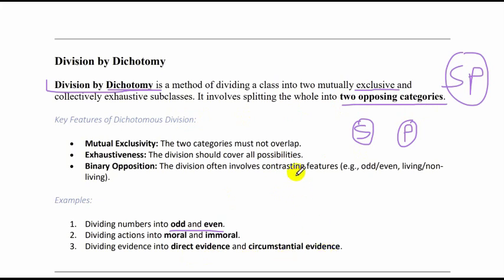So in this method of division by dichotomy, what we are doing is dividing a broader class into two mutually exclusive as well as collectively exhaustive subclasses. So it involves splitting the whole into two opposing categories. Let's move forward.